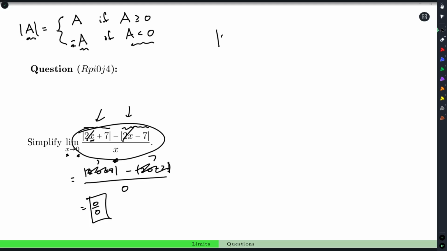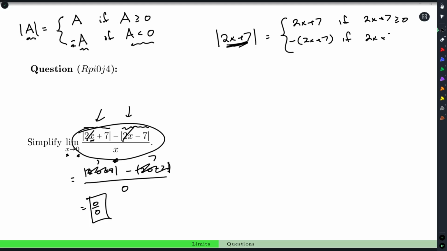So let's look at the two absolute values. Okay, so 2x plus 7 is my a, it's my expression. So we get it out unchanged if we're looking at something that's greater than or equal to 0, but we'll stick a minus sign in front of it if, depending on the x value, 2x plus 7 is less than 0.